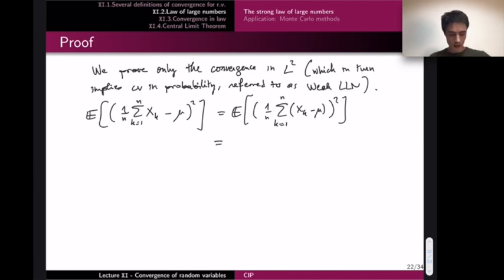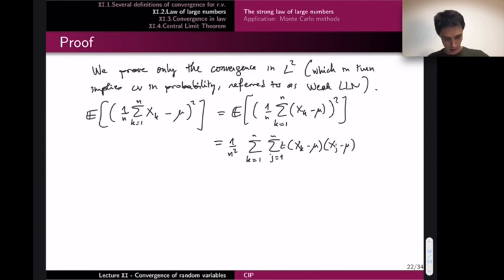Now I will expand this square using the independence. Here that's 1 over n squared, it's not difficult, times the sum for k equals 1 to n times the sum for j equals 1 to n of the expectation of Xk minus mu times Xj minus mu.